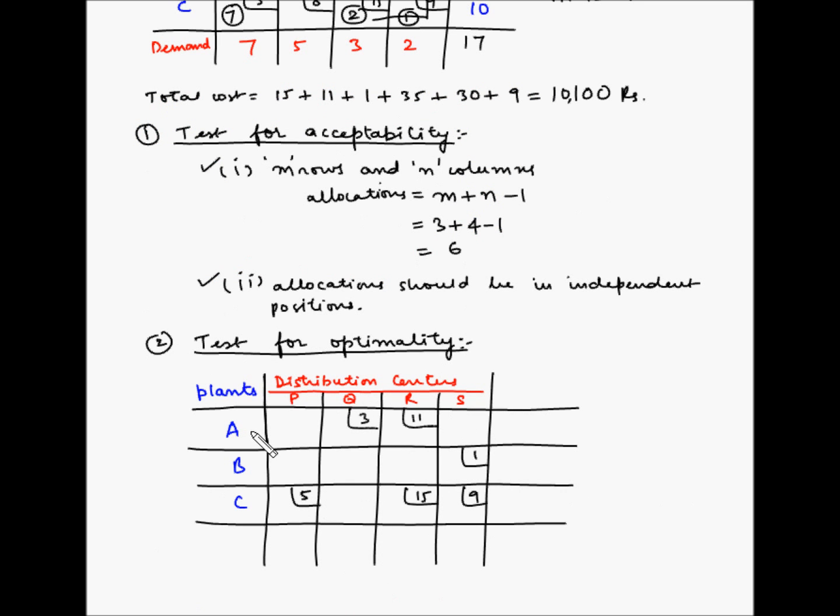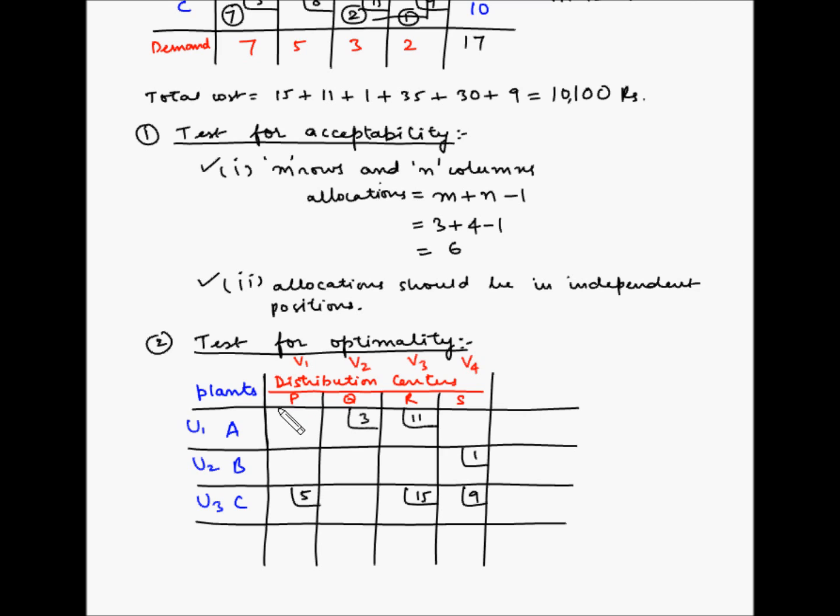Now the next step is to assign the variable Ui, where i is equal to 1, 2, 3 and so on, to each of the rows, and Vj, where j is equal to 1, 2, 3 and so on, to each of the columns. So this becomes U1, U2 and U3, and for the columns V1, V2, V3 and V4.